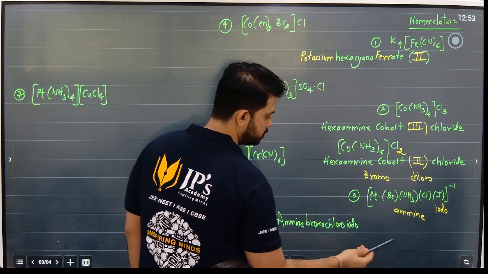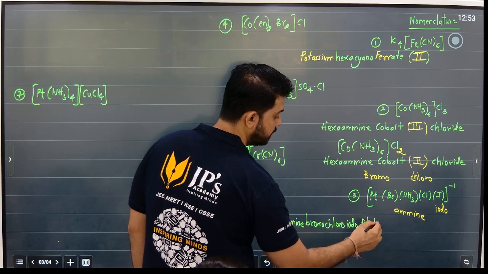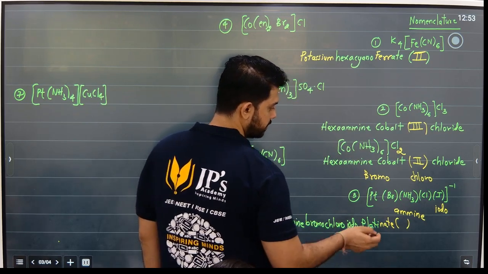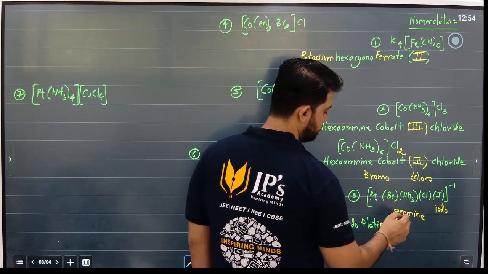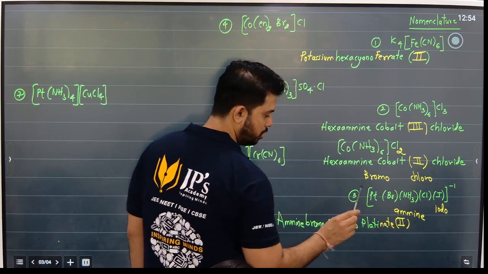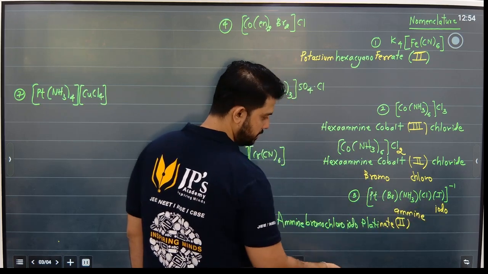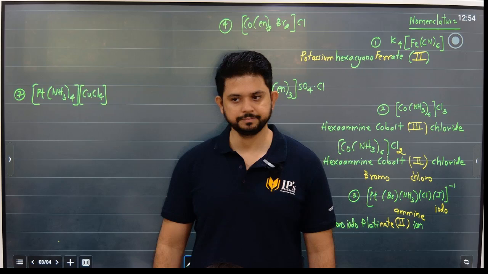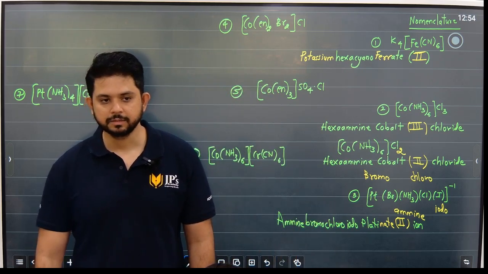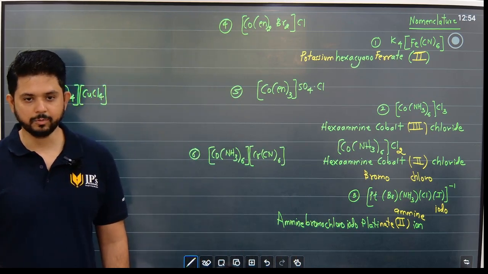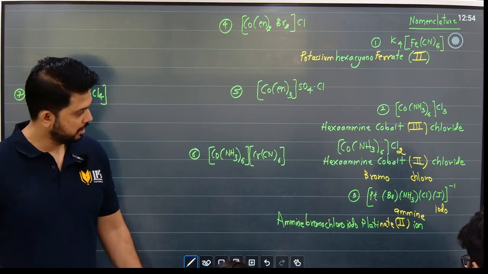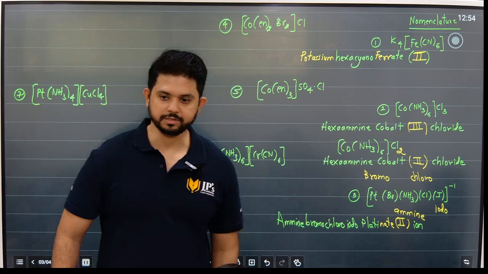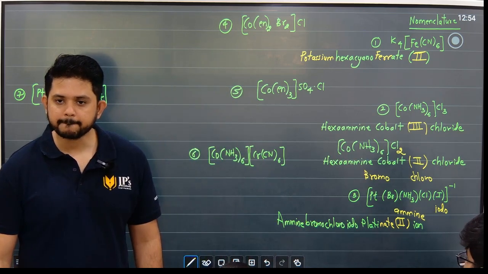Is it a cationic complex or an anionic complex? The complex shows a charge, so platinate. What is the charge? -1, -1, -1, so x - 3 is equal to -1, x is equal to +2. Also, this is in the form of an ion, so at the end you add the word ion. Did you get that? Yes or no? Any questions still here?